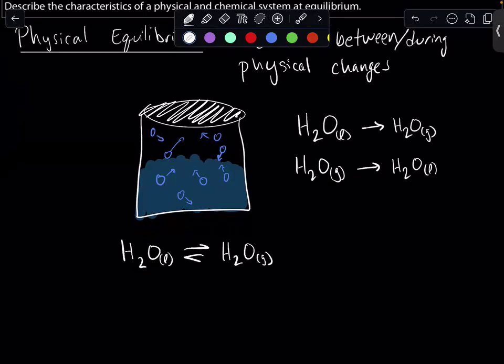And you'll notice we use this double-sided arrow. That is a very common thing when we mean equilibrium. This is our double arrow.